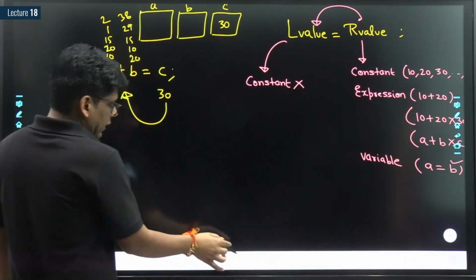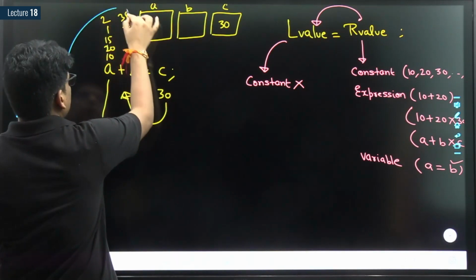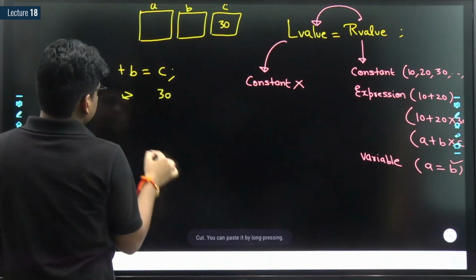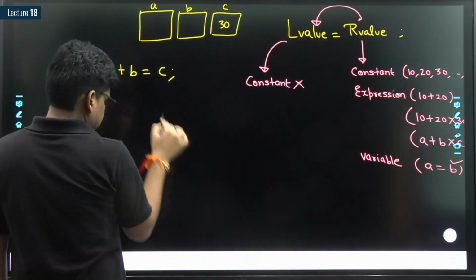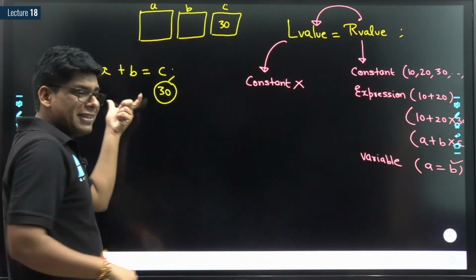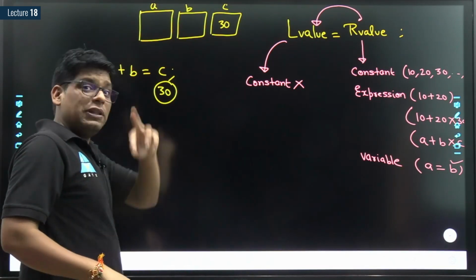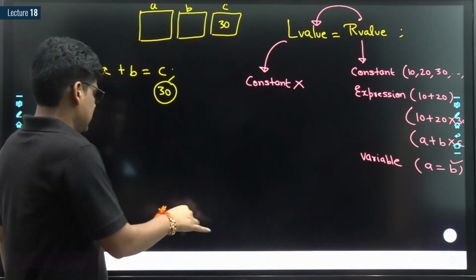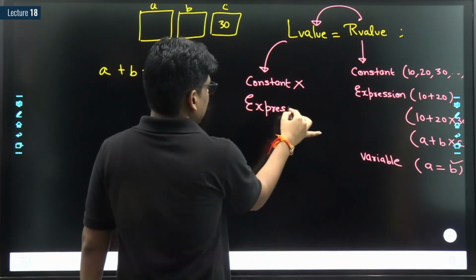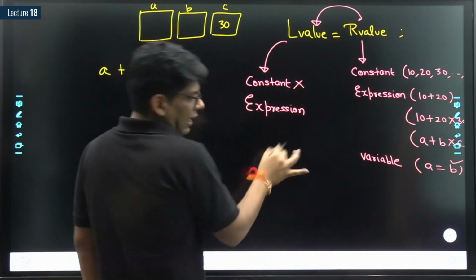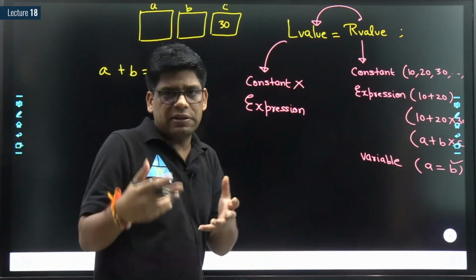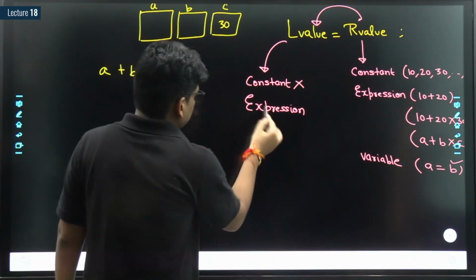Even a second way to think is, sir, we are saying store 30 at two locations so that the sum will be like this. No, sir. Is it possible to have an expression there? By expression I mean not a single variable, but something with operators, so don't confuse that.